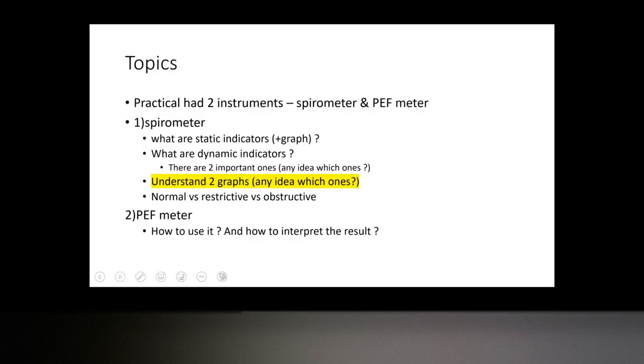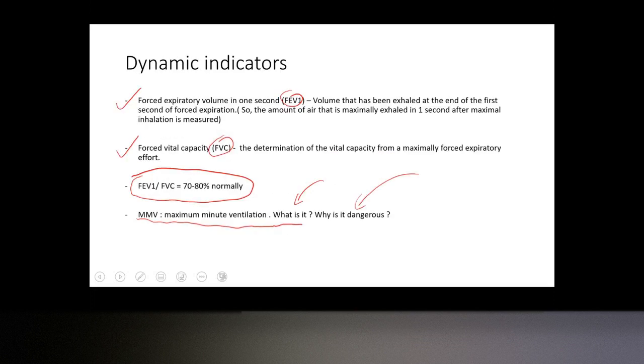So we understand the two kinds of indicators. Do you understand FEV1 and forced vital capacity? Forced expiratory volume is the amount of volume that you would forcefully exhale in 1 second, and forced vital capacity is actually just the vital capacity measured under forceful conditions.